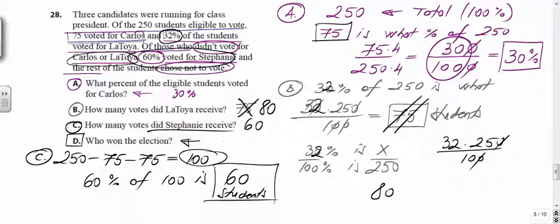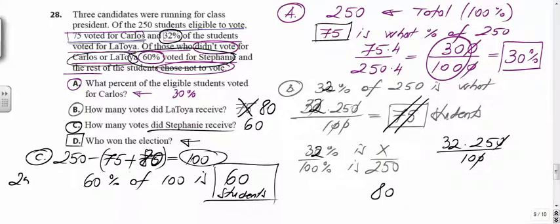This should correct part C, right? Because I need to subtract from 250, 75 and 80. So that will give me what? 250 minus 75. You can say minus 75 plus 80 if you want.